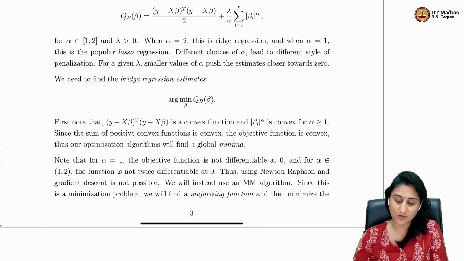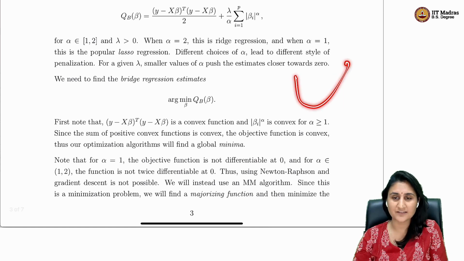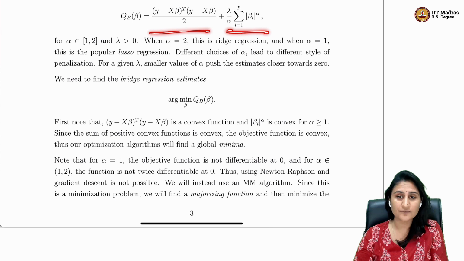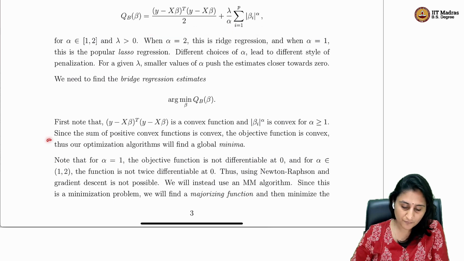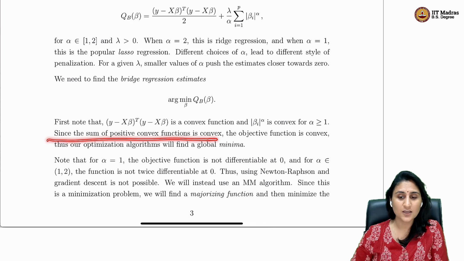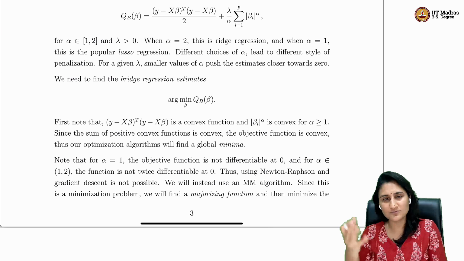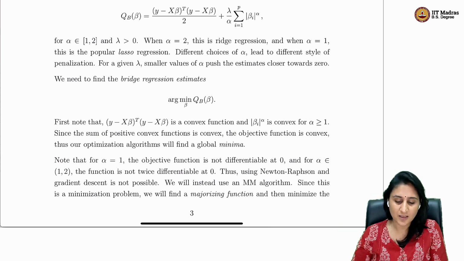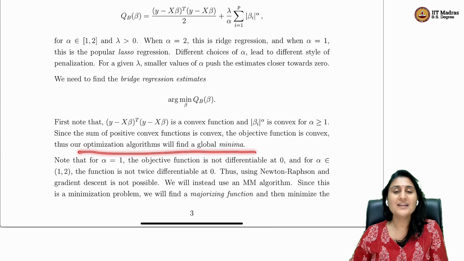That is a convex function. For alpha equal to 2, this looks something like this. That is a convex function. Which means both these functions are convex. And since the sum of positive convex functions is convex, the objective function is overall convex. So we don't have to do fancy Hessian tricks to understand whether we have a convex function or not. This is a sum of two positive convex functions, so it will be convex. Thus, our optimization algorithm is expected to converge to a global minimum.